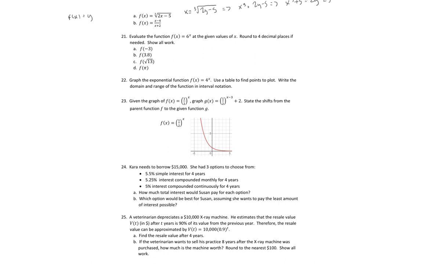And so we're left with y is equal to x cubed plus 5 over 2, which is equal to our inverse of x, right? And so our final answer is just going to be f inverse of x is equal to x cubed plus 5 over 2.